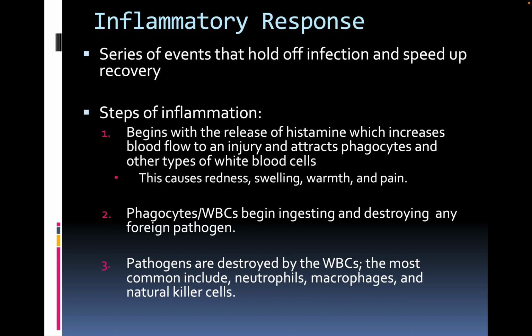So it's your body thinking it's being invaded by something when it's a harmless substance. Like let's say you're allergic to pollen. Pollen is not an invader. It's in the air, released by plants. But let's say that gets into your nose and your non-specific immune system is like, whoa, what is that? And it starts attacking. It starts going through the inflammatory response.